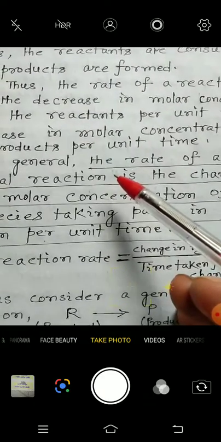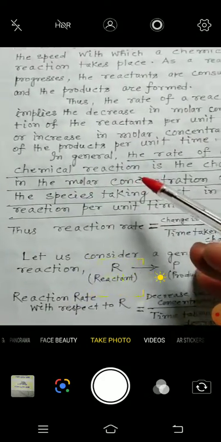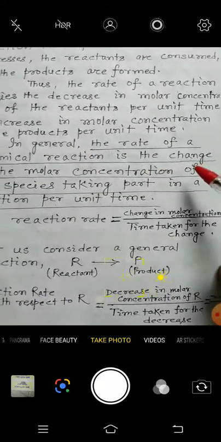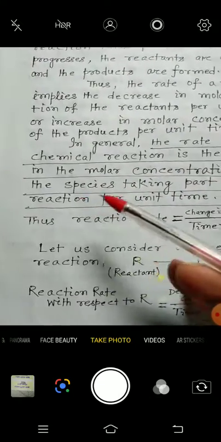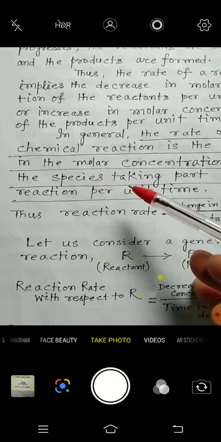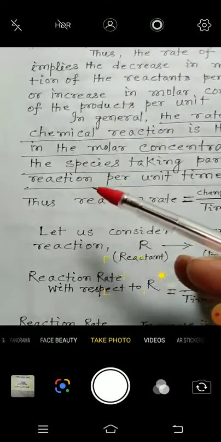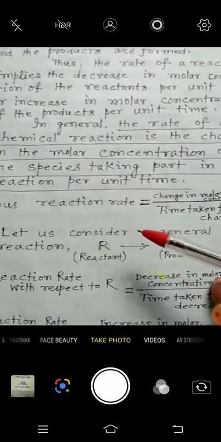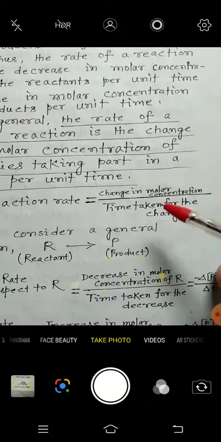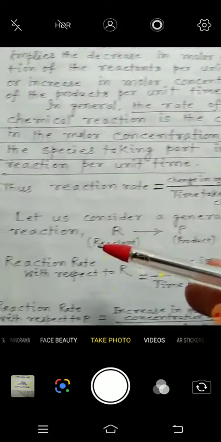The rate of a chemical reaction is the change in the molar concentration of the species. Species means both reactants and products taking part in a reaction per unit time. Thus, reaction rate is equal to the change in molar concentration by time taken for the change.